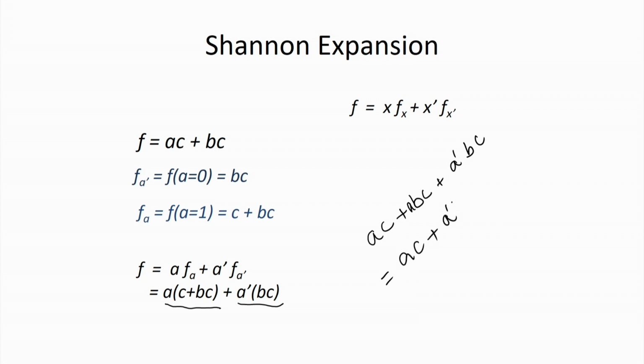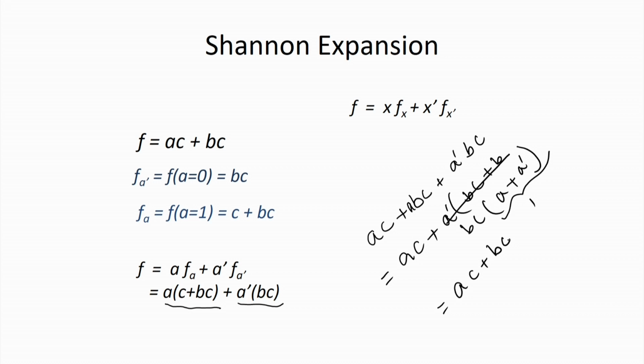If I take bc common, then I get a + ā, and a + ā is always equal to 1. So, I get ac + bc. So, this is the given function.